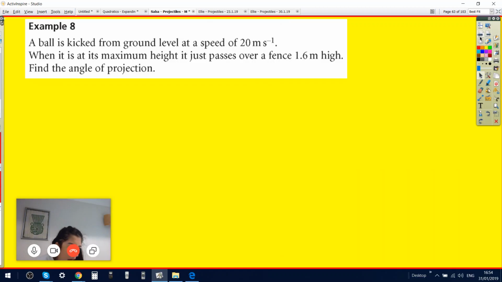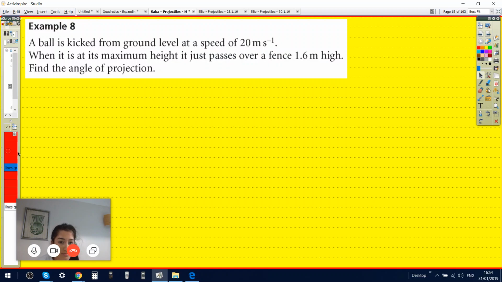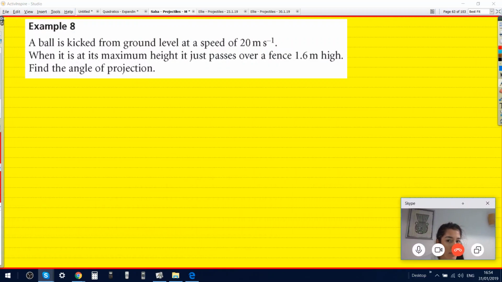Okay. And then this is working backwards. Let me just take a quick look. Yeah, let's try to do this. It's the same thing, but then add 1.6. Oh no, it's not. It's find the angle of projection. Ball is kicked from ground level.